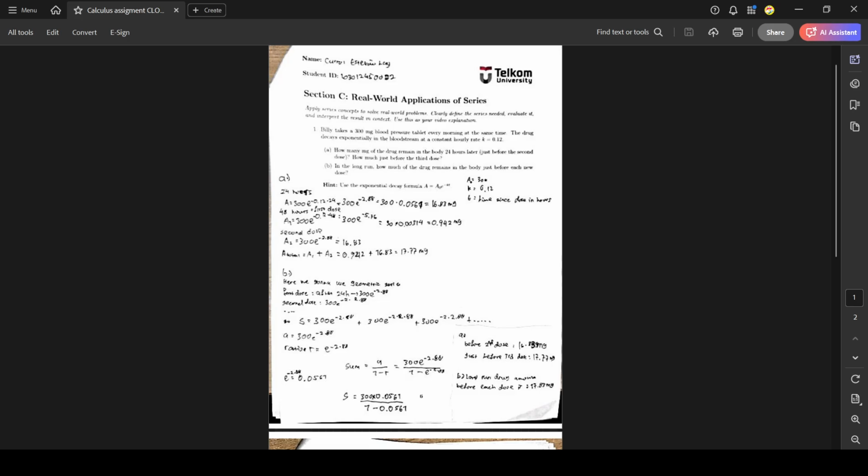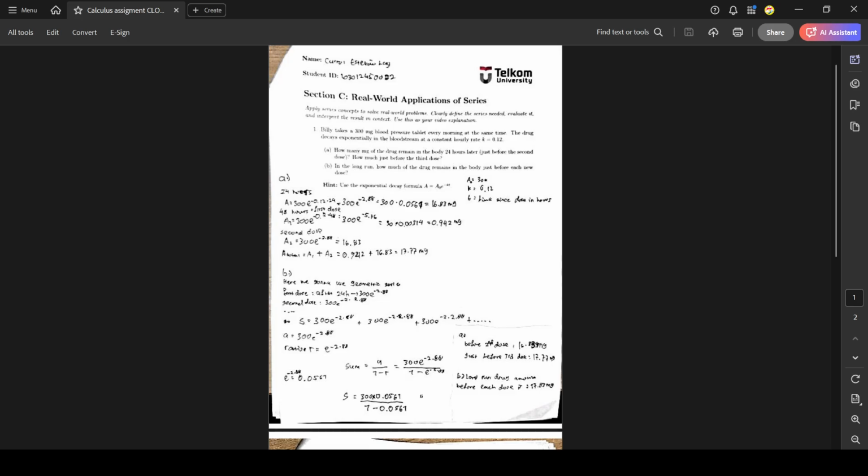And the second dose, we define as A2. A2 is equal to 300 times exponential of minus 2.88, and the value of A2 is 16.83 milligrams. After this, we total them all. So A total is equal to A1 plus A2, and we get 17.77 milligrams.